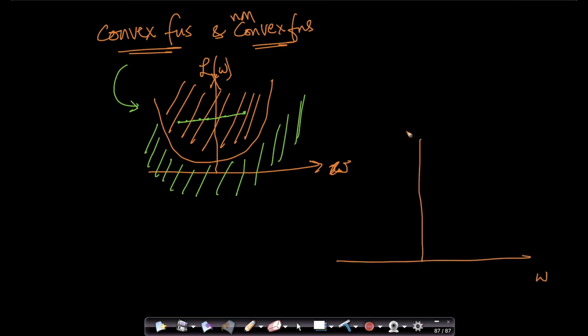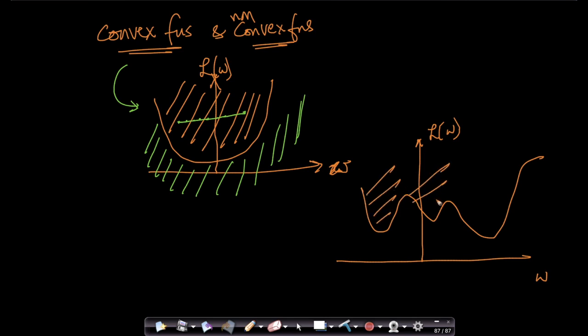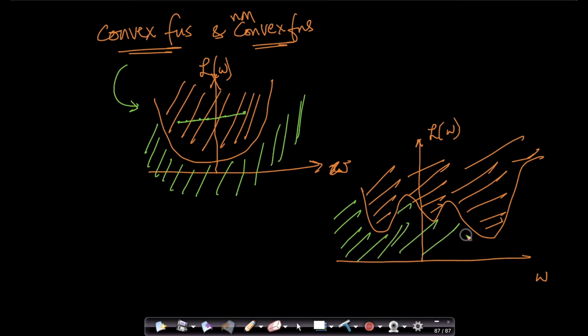Suppose I have my w here, I have my L of w here, and suppose I have a function like this. I can also break this into 2 regions. This whole thing is one region, and this whole region is the other region. Now let's take any 2 points within one region. Let's take these 2 points. These 2 points lie in the orange region, right?